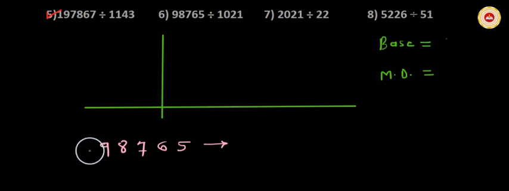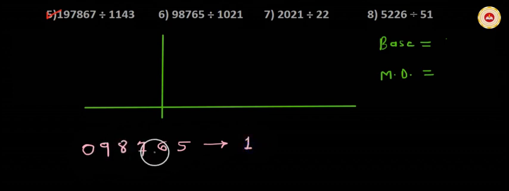That means we have to calculate ekadhik of that digit. Okay, but there is no digit previous to these bigger digits, so there is 0. So increase the value of this 0 by 1 and write 1 here.